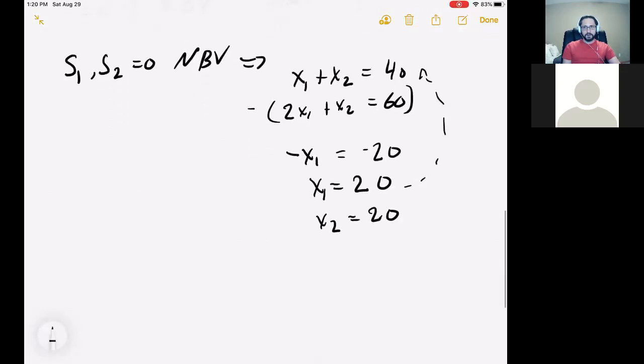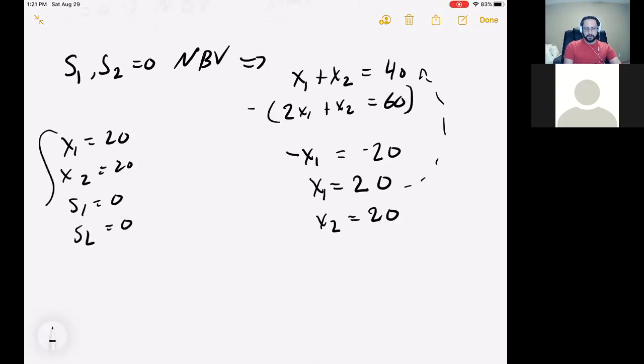So this thing that I have just created, x1 equals 20, x2 equals 20, s1 equals 0, and s2 equals 0, is a thing called a BFS, a basic feasible solution.